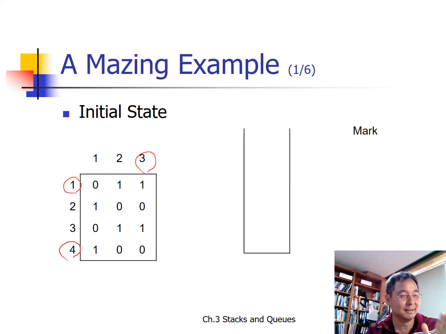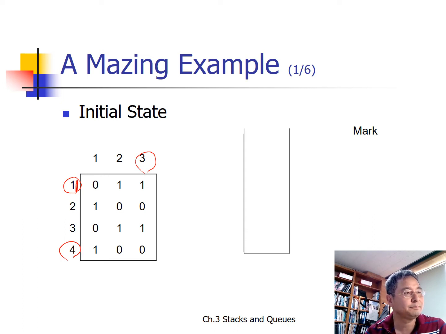Every index in C language starts from zero, but in this example they used starting row and column index from 1, not zero. Either is okay, but this example uses 1 as the starting index of rows and columns.